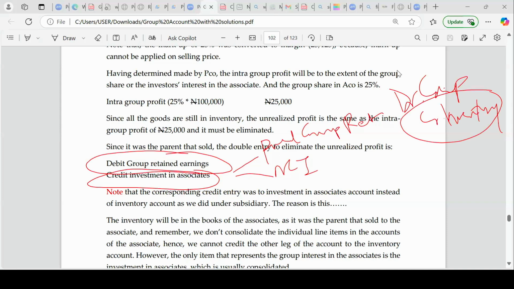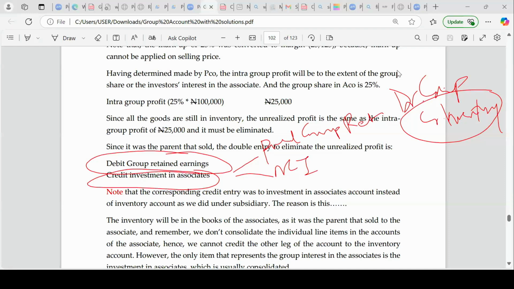The only thing that represents your plus and minus is the carrying amount of investment in associates. All your adjustments go there. So anything that is supposed to increase my investment in associate will be an addition to investment in associate. Any other adjustment will be a deduction from it. And then the other leg will be going to my group retained earnings. All right. So that is what is going to take place and that is why it is quite straightforward.